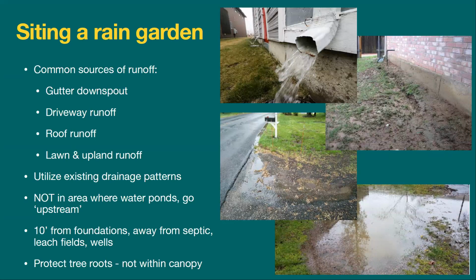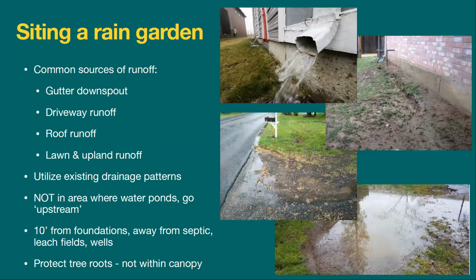I call lawns semi-impervious because they do soak up a lot of water, some better than others. But say you have a very compacted lawn or a very steep lawn, the roots are only as deep as the grass is tall, so it's not soaking up a ton of water.